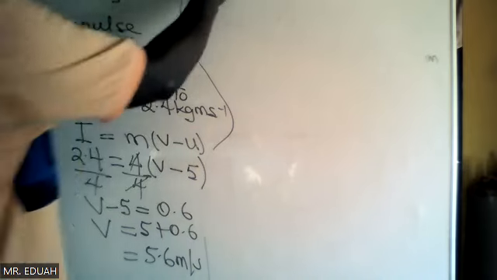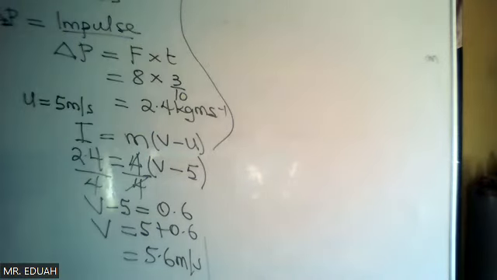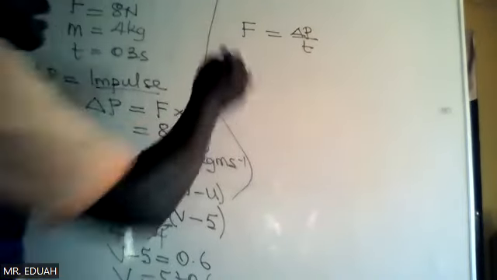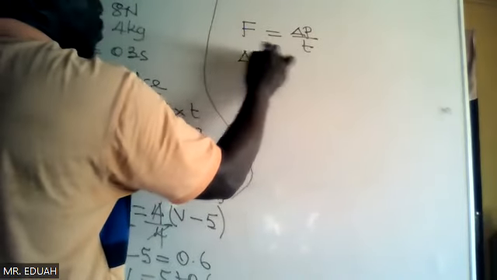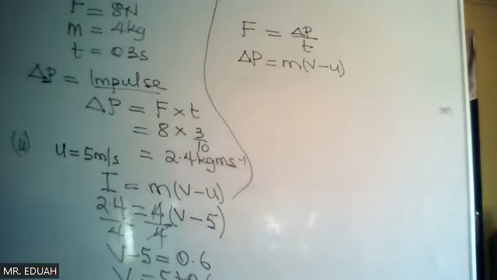Fine. We know F is equal to delta P over T as Amma was saying. But we know delta P to be m(v minus u), since the mass is constant.